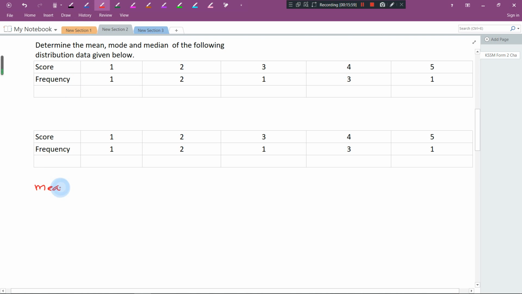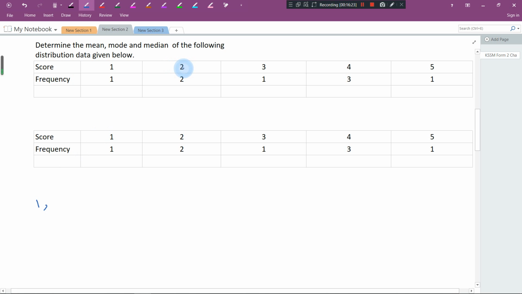Find the mean first. Since this is a frequency table, I have 1 times of 1, 2 times of 2, 1 times of 3, and so on, right? Before I show you this, let me transfer this data into this form first. I have 1 time of 1. I write 1 time.